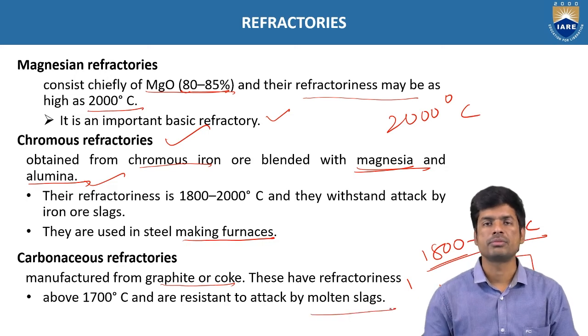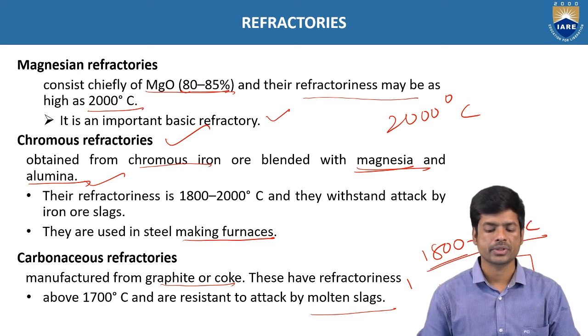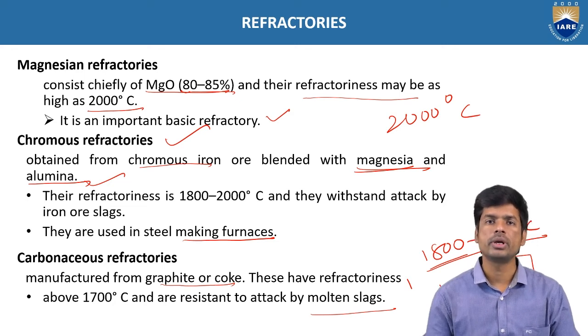From volcanoes we get some molten slags, right? So they resist those slags as well. The resistance of these carbonaceous materials to molten slags is very high. This is all about the different types of refractories.